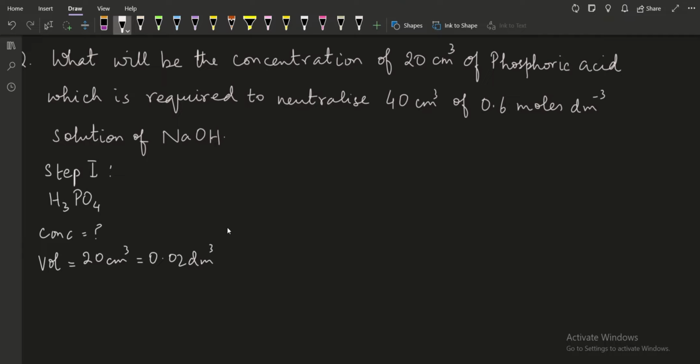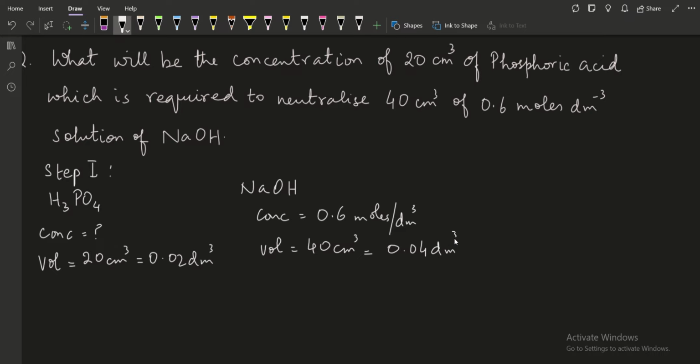Next is sodium hydroxide. For sodium hydroxide, they have given the concentration, which is 0.6 moles per cubic decimeter, and its volume is 40 cubic centimeter. Change it into cubic decimeter, and it will be equal to 0.04 cubic decimeter.